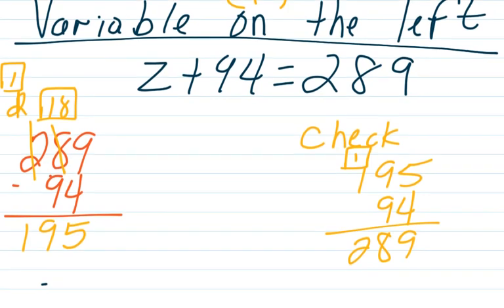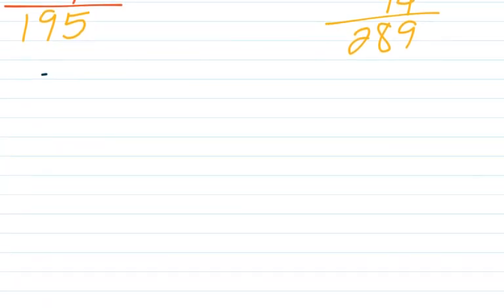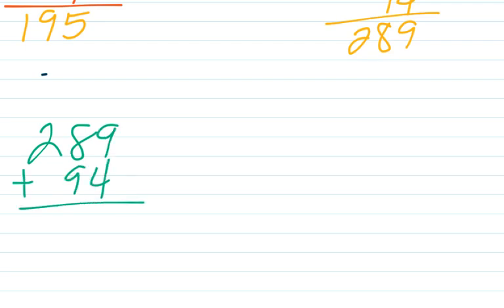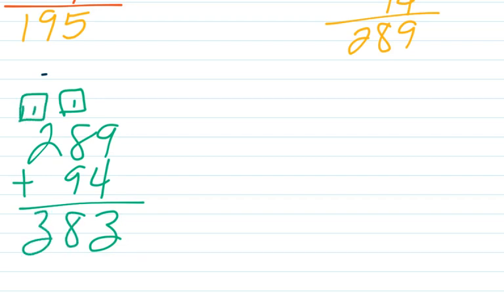So 289 plus 94. That's going to give me 3. Regroup. Give me 8. Regroup again. 383.